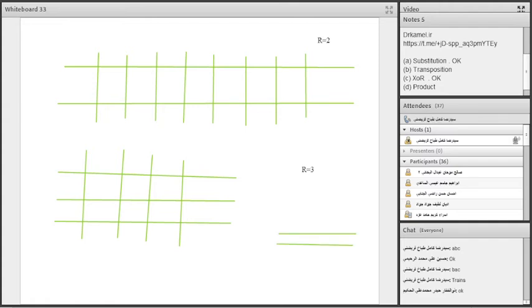And I can draw another one, 1, 2, 3, 4. For this one, R is 4.